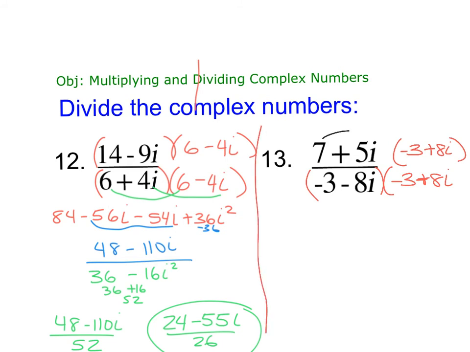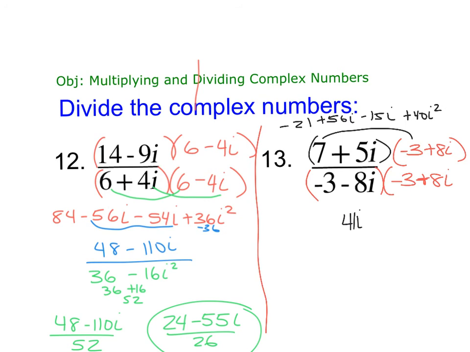Alright, so I'm going to do this up here for more space. Negative 21 plus 56i minus 15i plus 40i squared. So that becomes 41i.